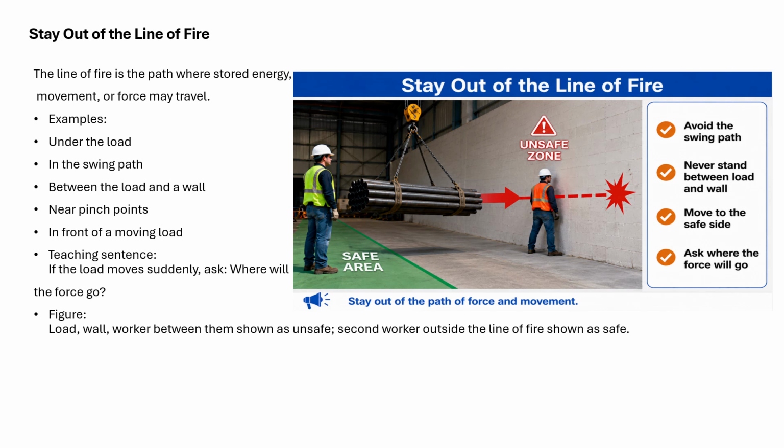Ask, where will the force go? Load and wall with workers between them shows as unsafe. Second, workers outside the line of fire shows as safe. Workers stand in the green safe area.